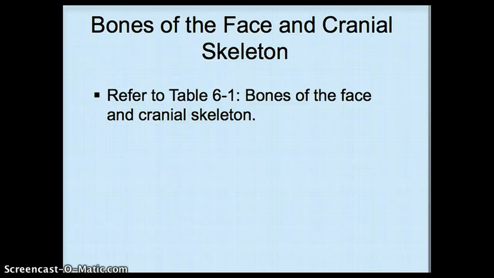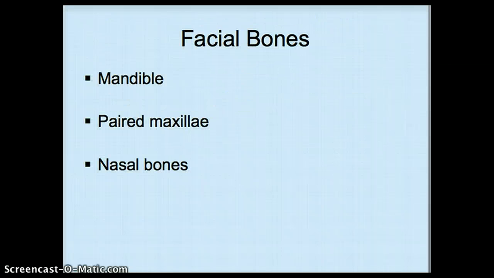Okay, so now we're going to look at the bones of the face and the cranial skeleton, since all of these bones are used in articulation. So I'd like you to refer to table 6.1 in your textbook to look at the bones of the face and cranial skeleton. The facial bones we're going to talk about are the mandible, which is the lower jaw of the face.